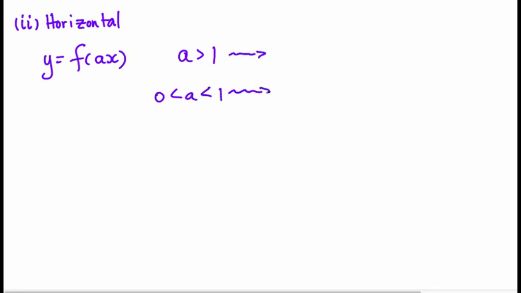And the last type is a horizontal expansion or compression. So if you start with y equals f of, and now in the horizontal we are going to affect the x value, so if you multiply it by an a, again, there are a couple different things. If a is bigger than 1, or if a is between 0 and 1, these things happen.